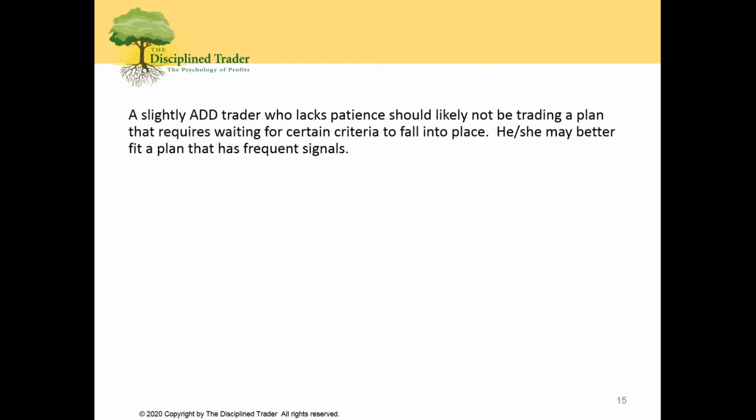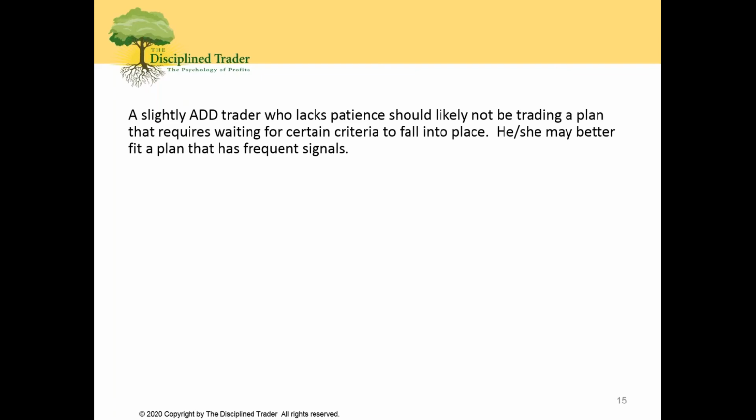Every trader is a little bit different, and the trading plan needs to match that particular trader. Case in point, a slightly ADD trader who lacks patience should likely not be trading a plan that requires waiting for certain criteria to fall into place. He or she may be a better fit in a plan that has frequent signals. That's me. I want a trading plan that I stay in, that gives me opportunities all the time. I'm not a big person waiting for confirmation, as Jousef was saying before me.